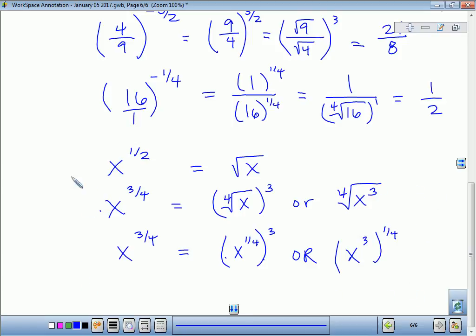So you need to know that this is the same thing as this, is the same thing as this, is the same thing as that. They're all equivalent. And if you had one of these on the SAT, I think that's how they get it. Those all mean the same thing. Okay.